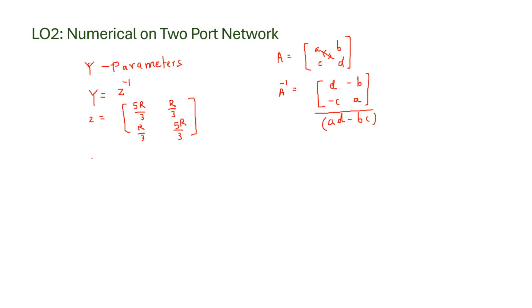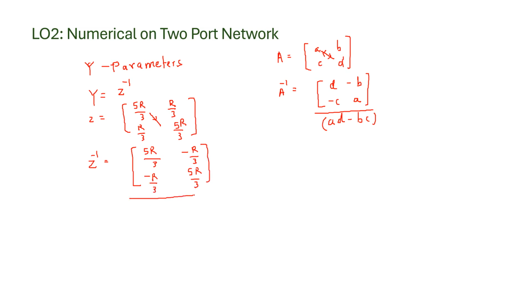Now I want to find the inverse of this Z matrix. First you interchange the diagonal elements. If you interchange, it will be the same, 5R by 3, 5R by 3, and then put a minus sign on the off-diagonal.